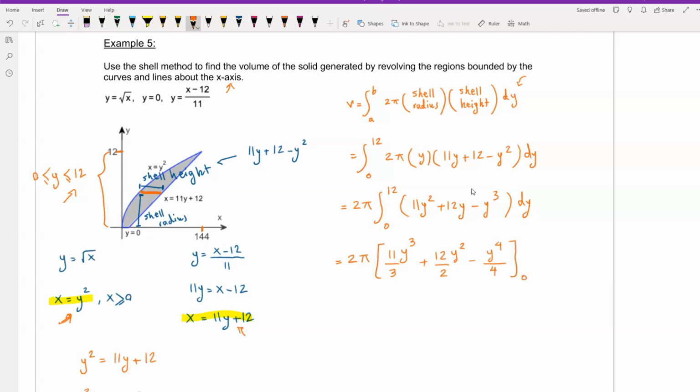And this is from 0 to 12. So I'm rewriting it outward, but simplify. So on this part we have 6y squared from 0 to 12.